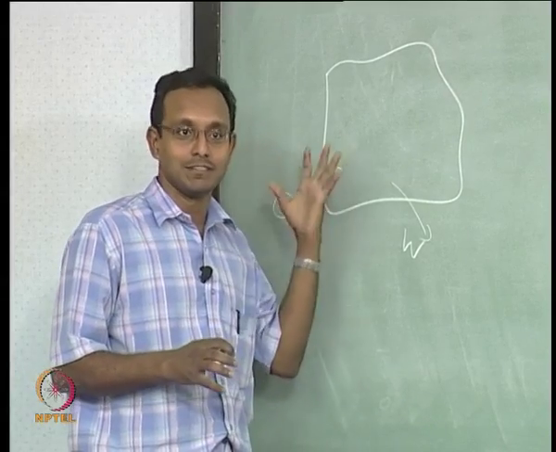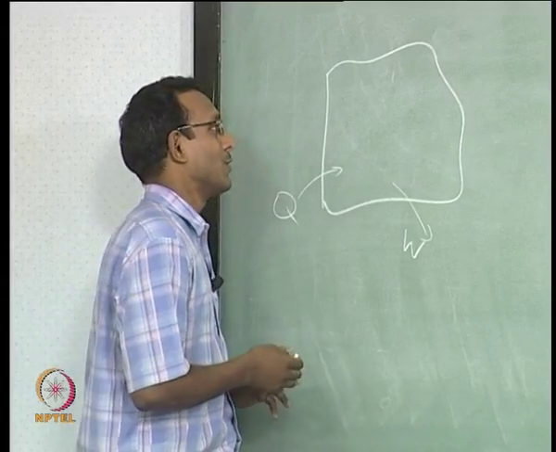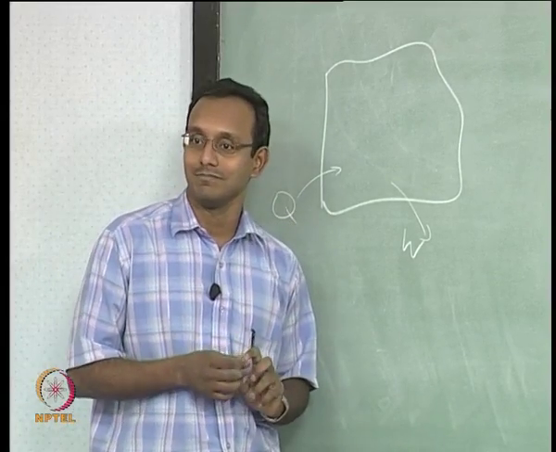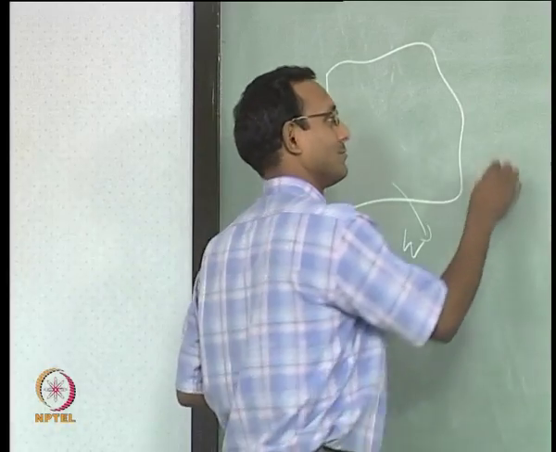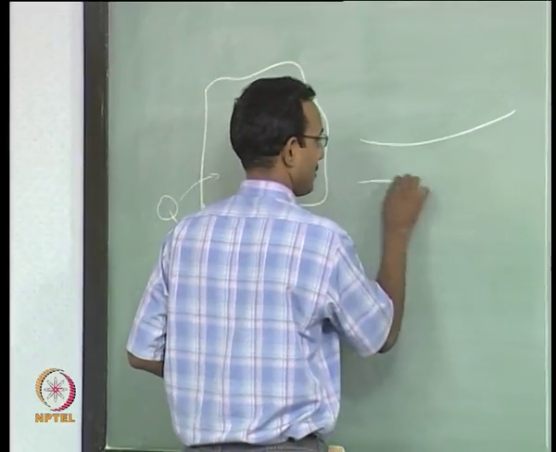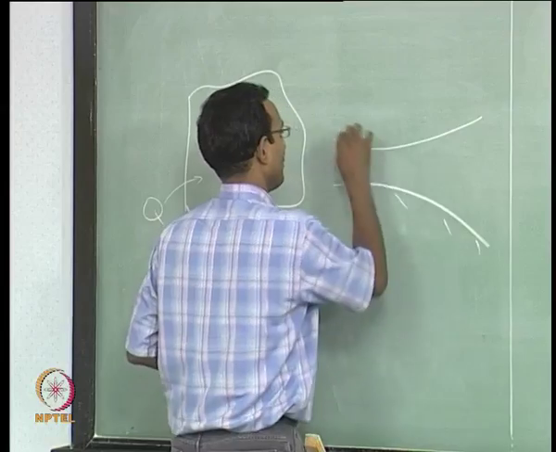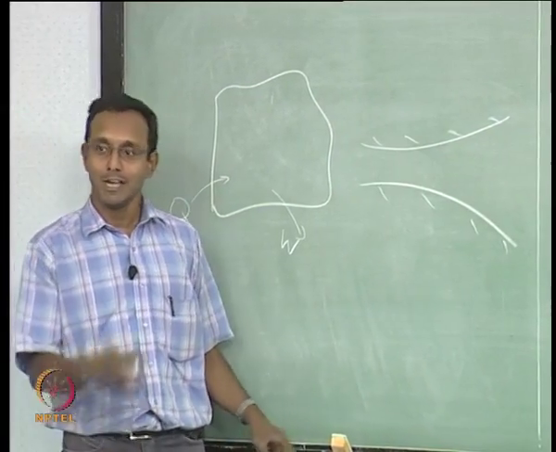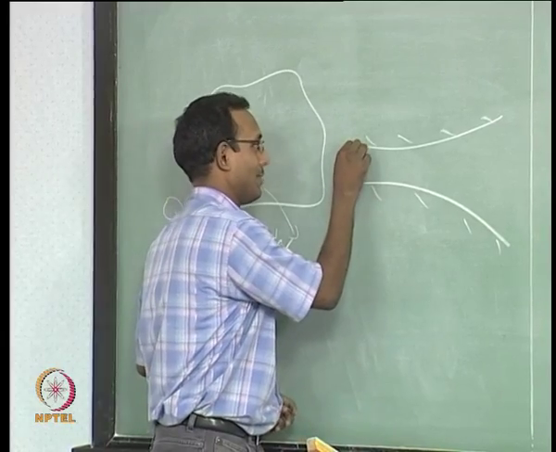Math allows you that. But some control volumes are easier to pick than others. Like if I have a flow through some such duct, I could pick a control volume like this.